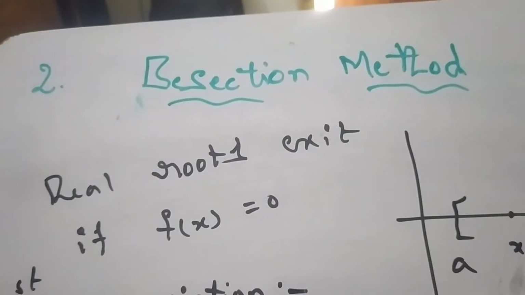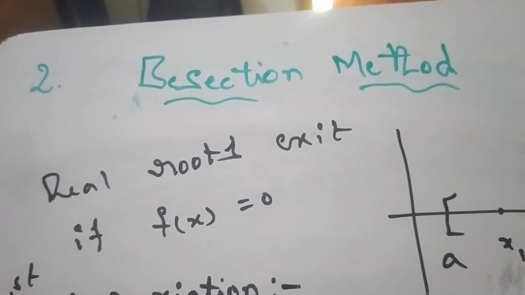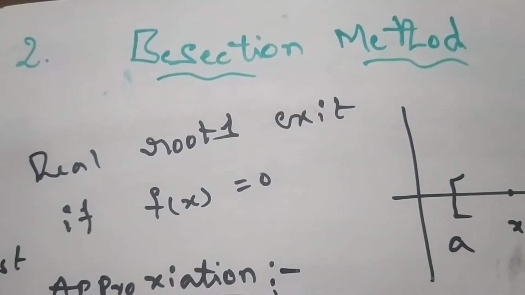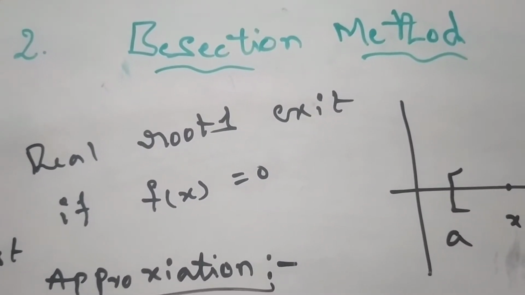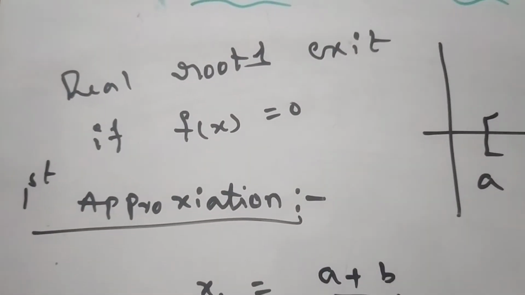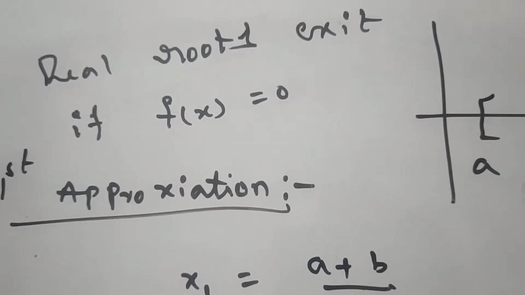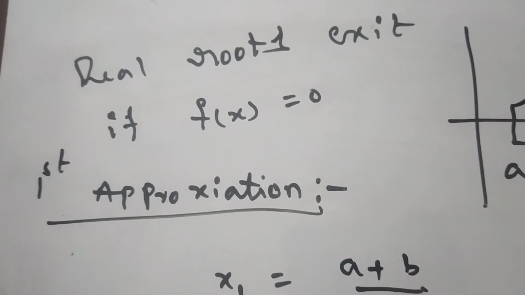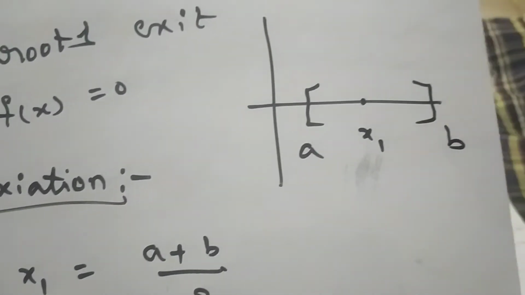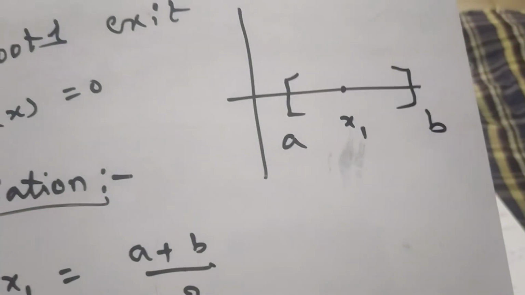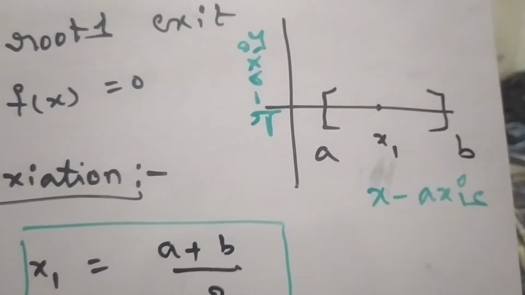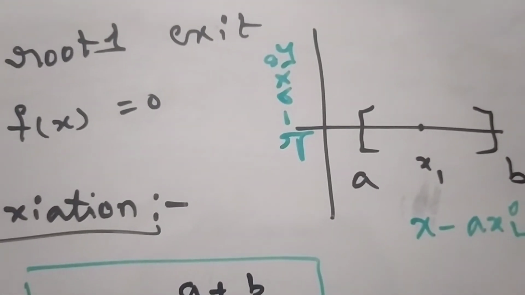In numerical methods, the second topic is the bisection method. It is also important and a very easy topic, similar to the Newton-Raphson method. Real roots exist if f of x equals 0. This is the x-axis, this is the y-axis.